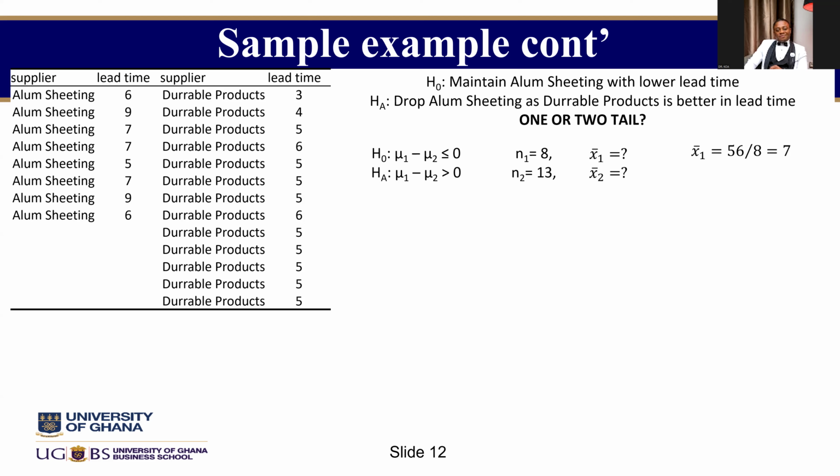So what did you get? You got something like 4.923. Is that it? Yes, Doc. Very good. 2 marks. So that is how you execute the sample means.